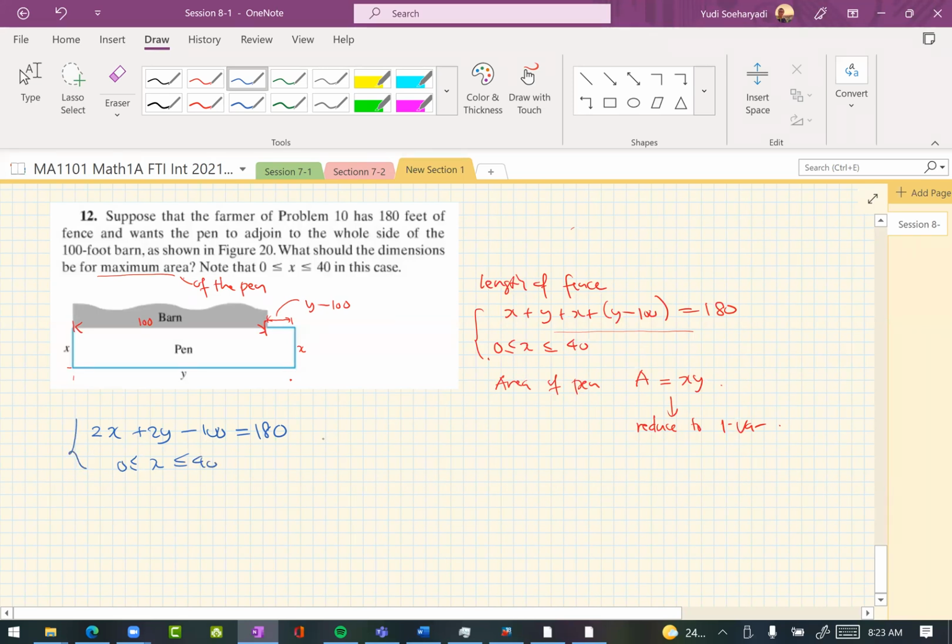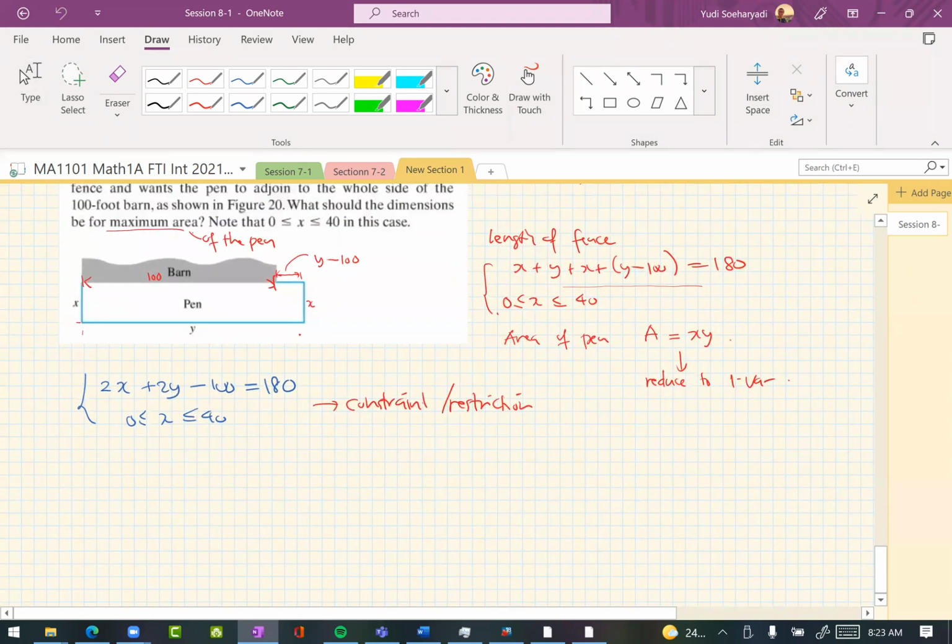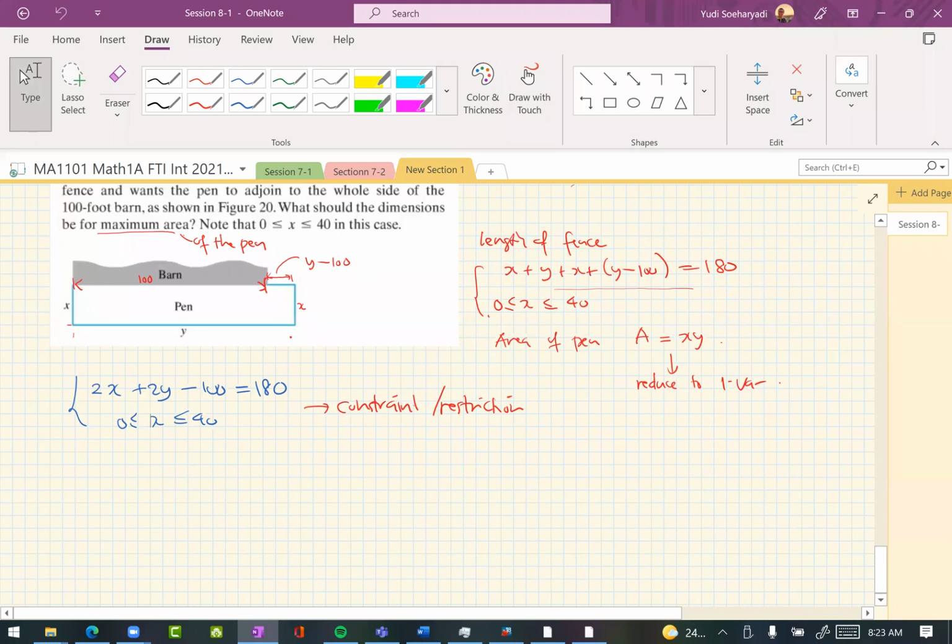Okay. This is what we call a constraint. Okay. So the restriction. So conditions. And then the objective is to maximize.